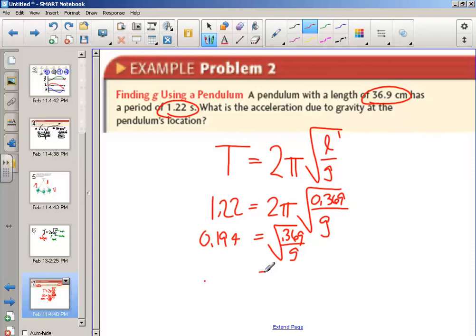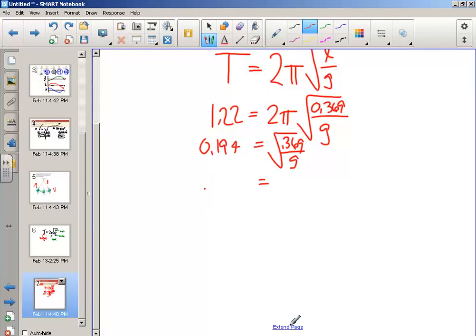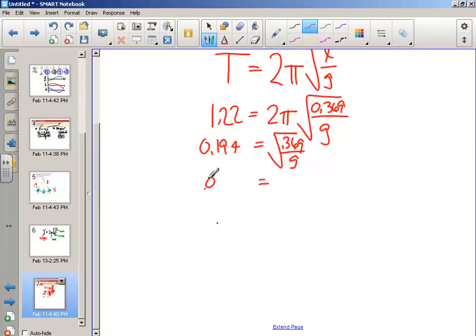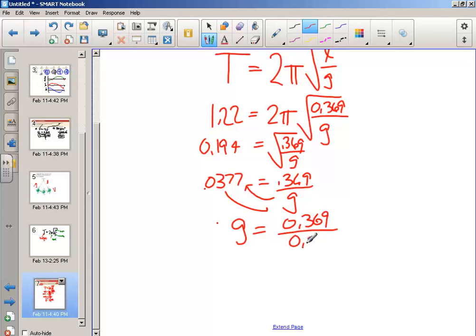So I'm going to now square both sides. So I'll square it, and I get 0.0377. 0.0377 equals 0.369 over G. And I'm going to multiply G over and then divide by 0.0377. So G is going to be equal to 0.369 divided by 0.0377.